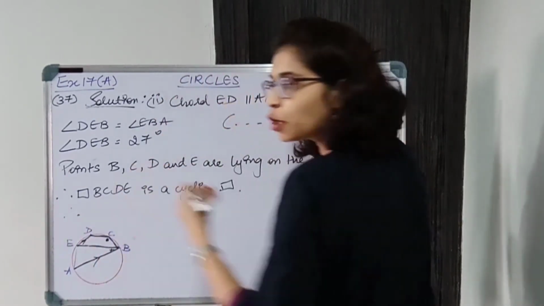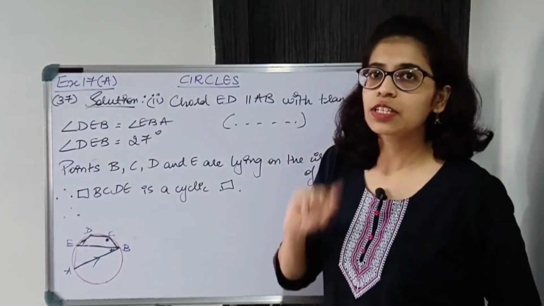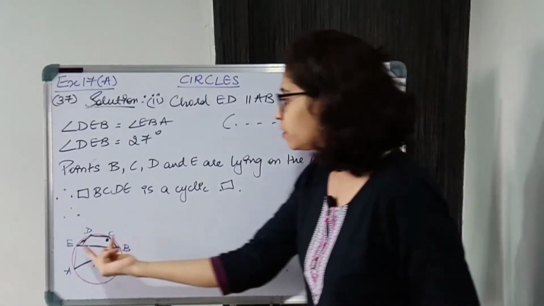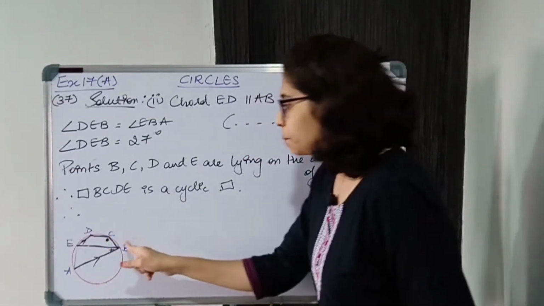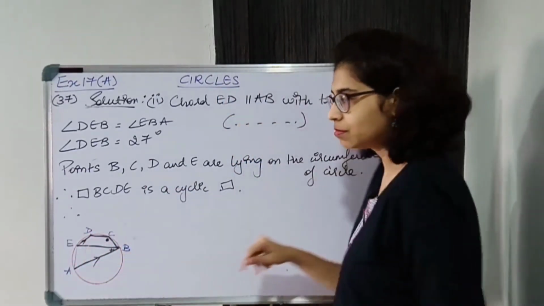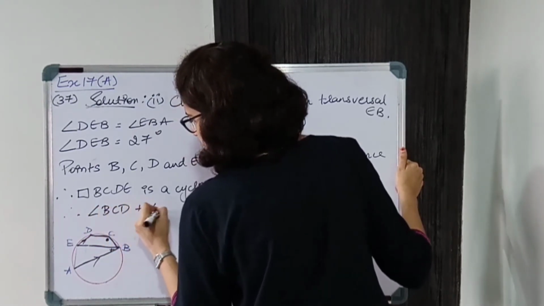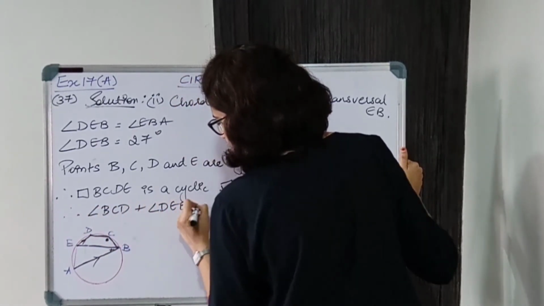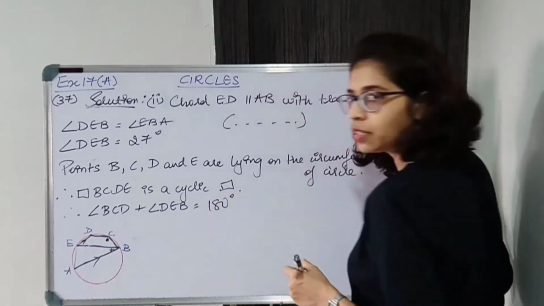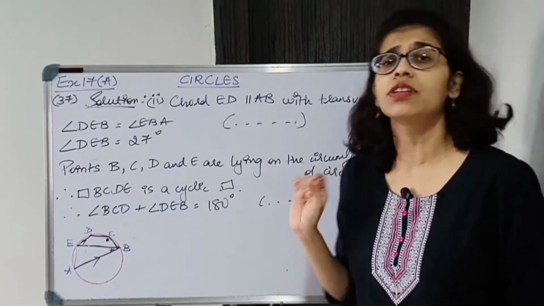Now, using the property, cyclic quadrilateral का दो properties है, एक है exterior and another one is opposite angles वाला. So here we will be using opposite angles. BCD, उसका opposite angle is angle DEB. Angle BCD plus angle DEB, they are supplementary, that is sum is 180 degrees. You have to give reason: opposite angles of cyclic quadrilateral are supplementary.